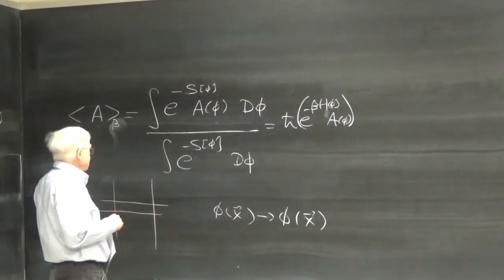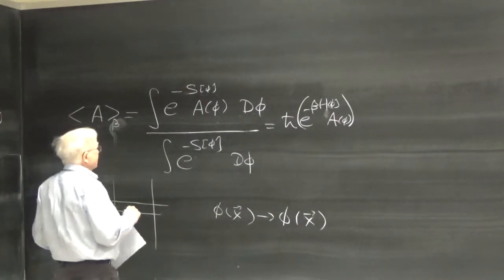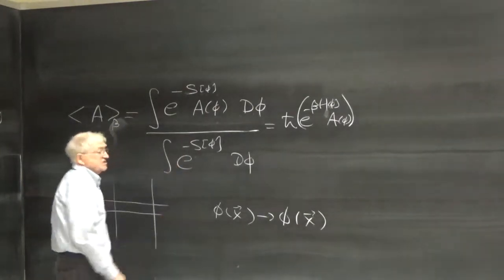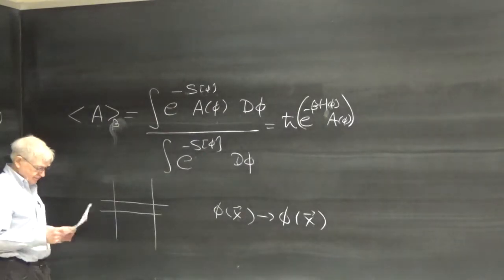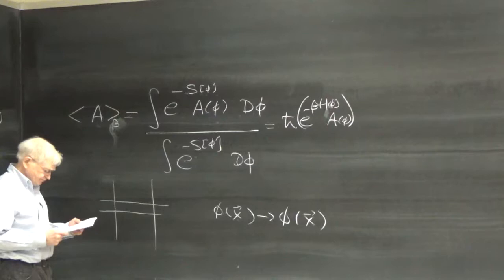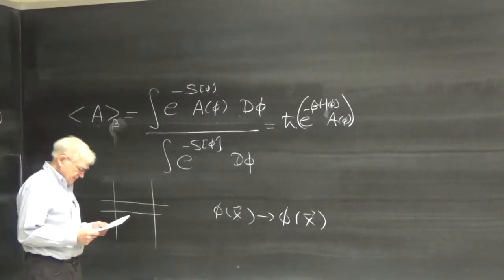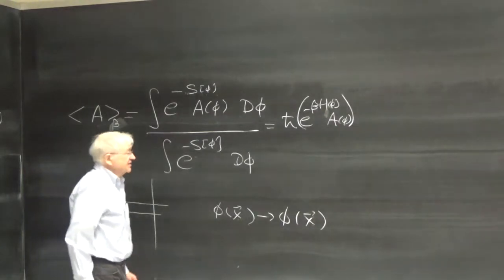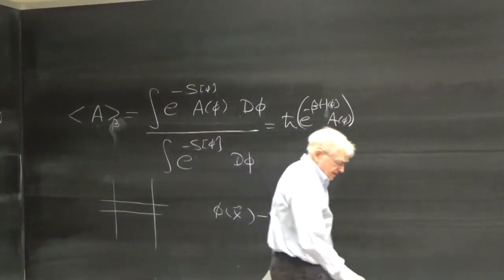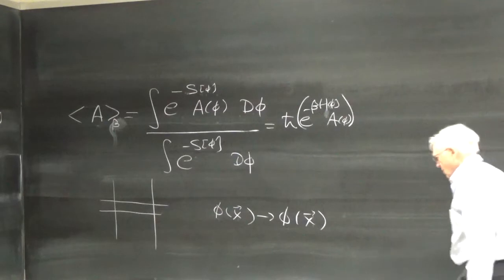All right, let me tell you what the trick is for approximating ratios of integrals like this. This is something that Glauber told me was invented by Fermi at Los Alamos during the Second World War.